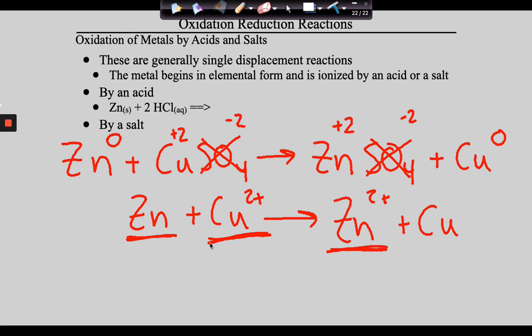In that same lab where we generated the hydrogen and giggled, we also did a portion of this lab where you took a piece of zinc and you submerged it in a couple centimeters of copper 2 sulfate solution. Well, I'll ask, do any of you remember the color of that solution? It's actually blue. You need to know that.